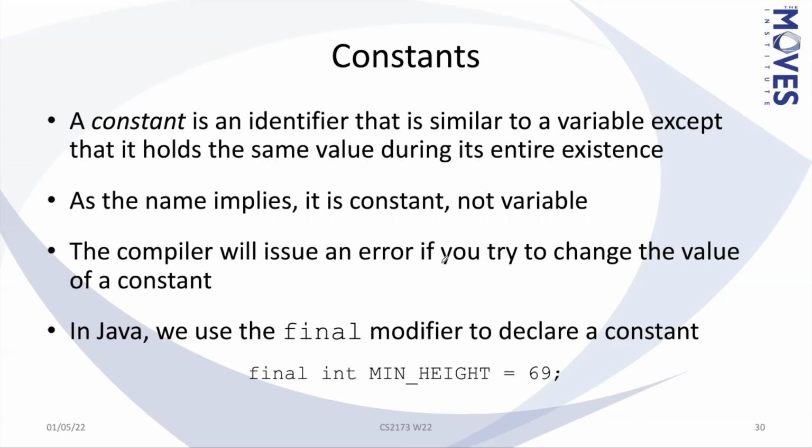It's really a constant. Syntactically, it looks like a variable, but it's not variable. For a constant, we will use the keyword final. So if I say final int min height equals 69, then the value of min height is 69, and I can't change that anywhere.